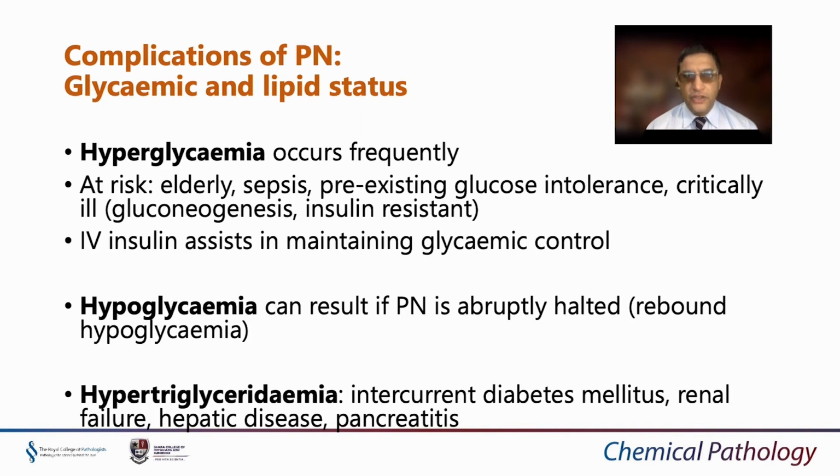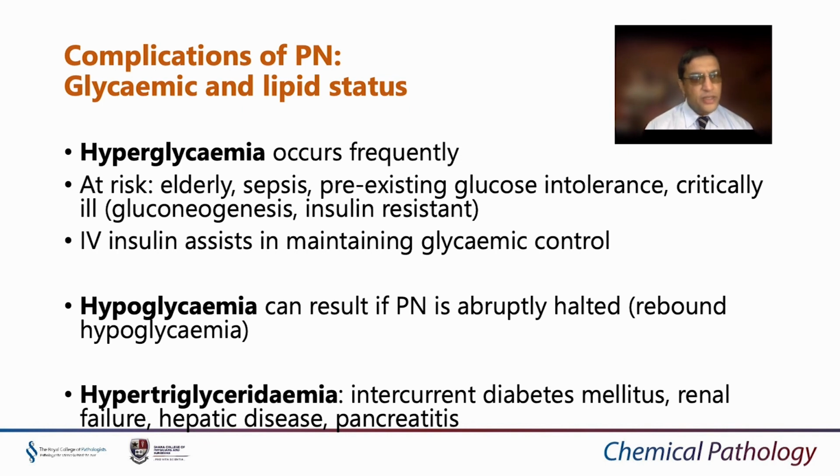Other complications of parenteral nutrition include hyperglycemia, and this occurs frequently and in particular groups of patients, for example old, septic patients with pre-existing glucose intolerance or patients that are critically ill.